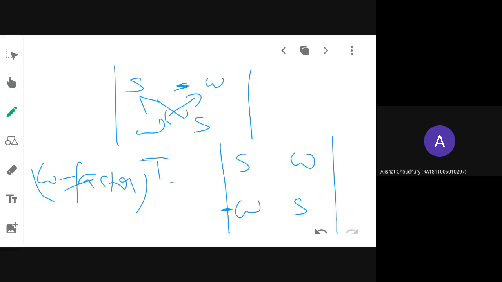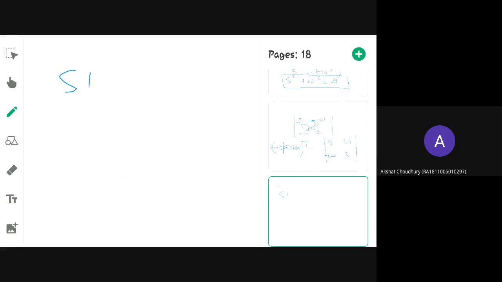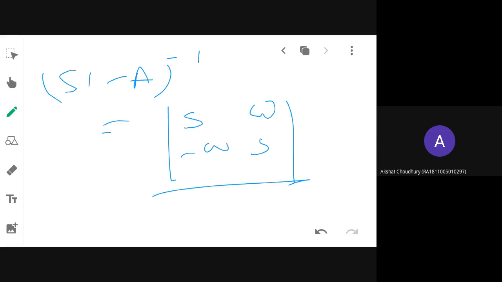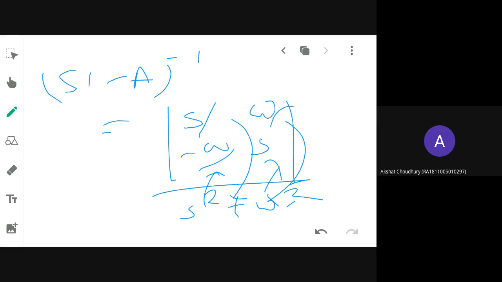Now finally moving on to finding the inverse. The cofactor is S, omega, minus omega, S, divided by the determinant, which is S squared plus omega squared. So every term you are going to divide by this. Tell me, after simplification if you divide, what will be the answer?